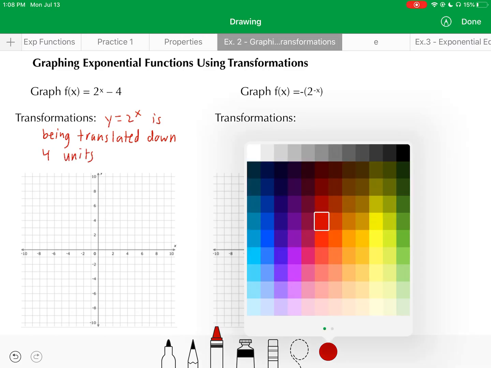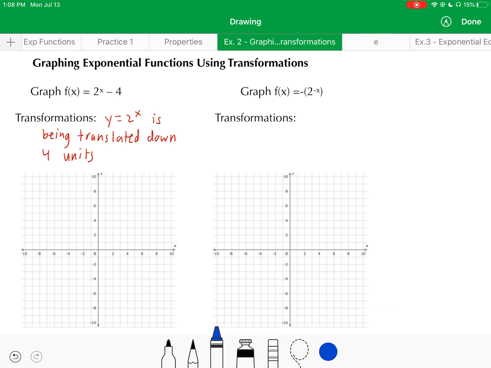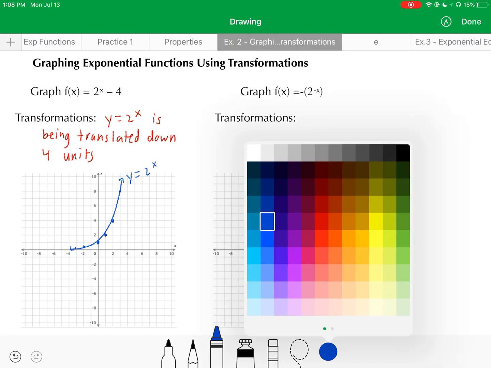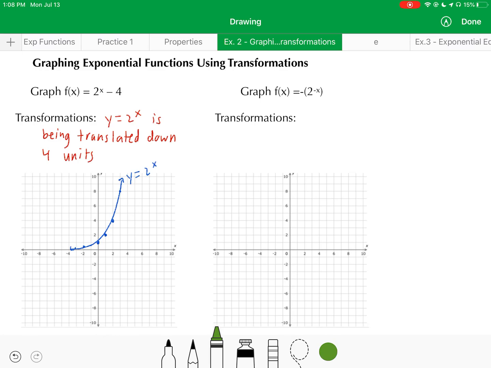All right, so here's my original. I'll use the same critical points from example 1. I'm just going to shift each of those 4 units down. And understand that's going to move my asymptote as well. So let's draw in the asymptote.